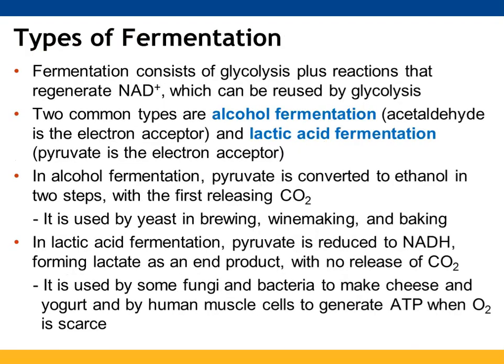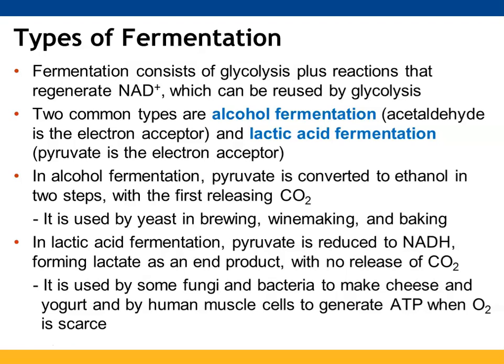So there's lots and lots of different types of fermentation. We're going to focus on alcoholic and lactic acid fermentation. Part of fermentation is going to result in reforming our electron shuttle, taking the reduced form NADH and using it to regenerate the oxidized form NAD+, so that those electron shuttles can be reused in glycolysis.